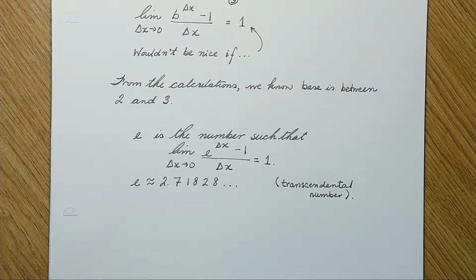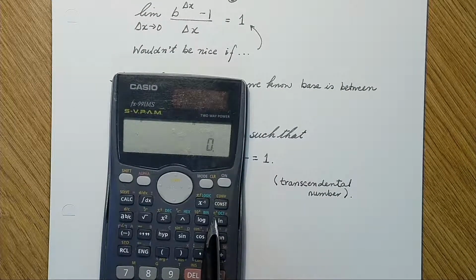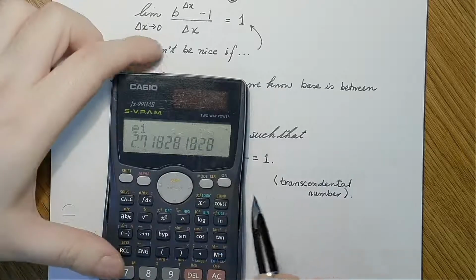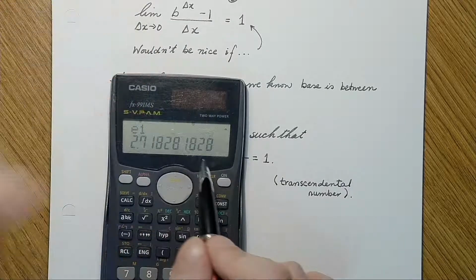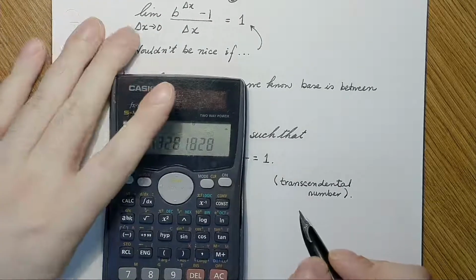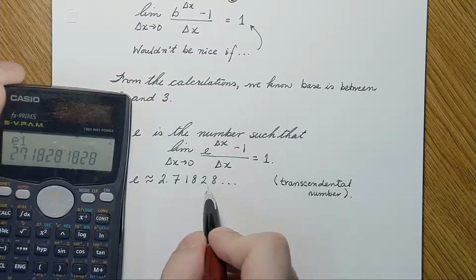It's ongoing and very common. On a calculator, you'll find it. There's either the e to the x here or e, and if I punch that in, it'll give me a very long expansion of it. There's a lot of 8s, but don't be fooled. It is a transcendental number. Did I write it down correctly? Good.